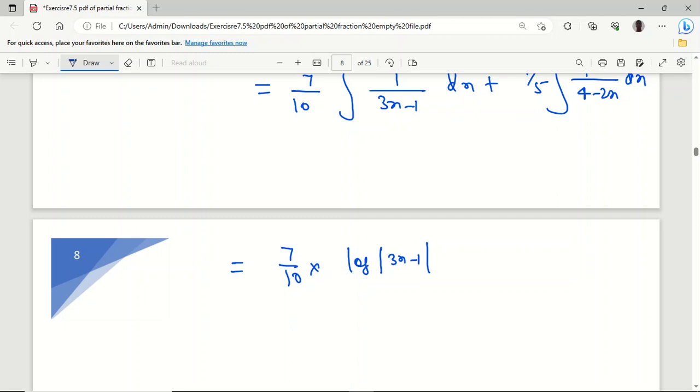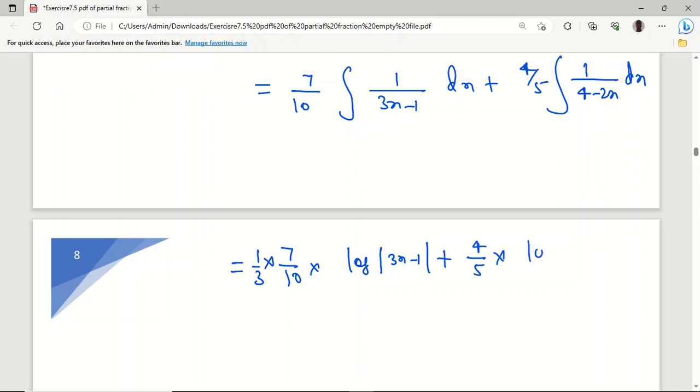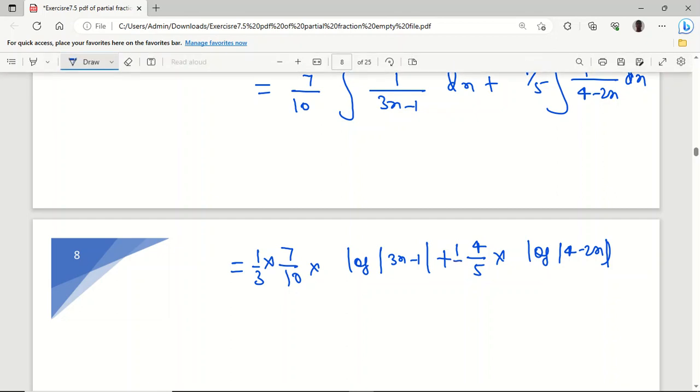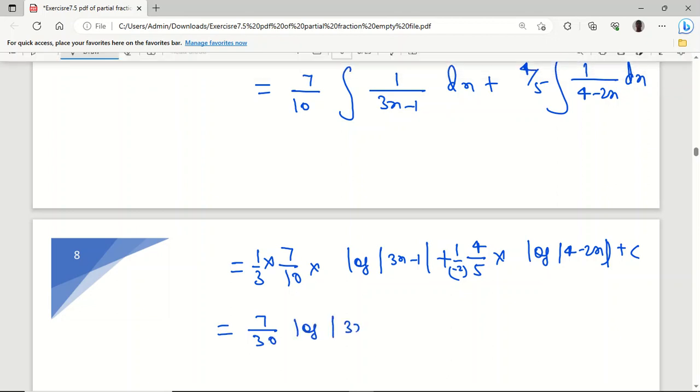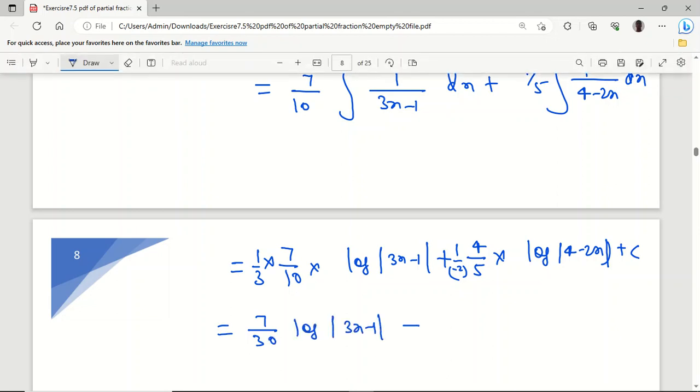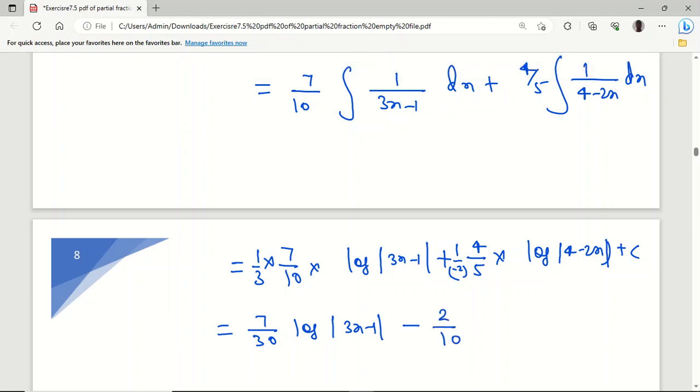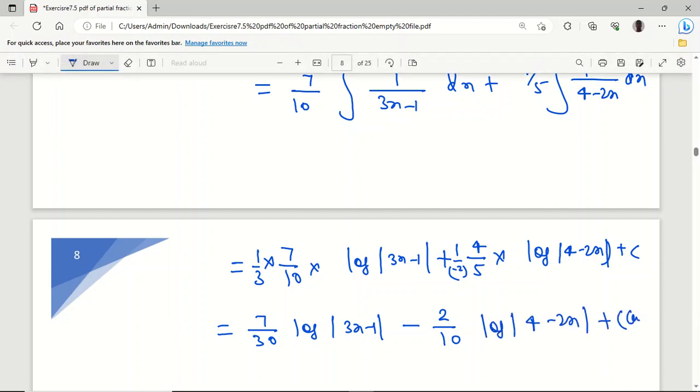So I'll get 3, but since it is integration, I'll place here 1 upon 3, plus 4 upon 5 into log 4 minus 2x, again we'll have to differentiate, minus 2, so I'll write here 1 upon minus 2 in bracket, plus c. So I can write them as 7 upon 30 log 3x minus 1 minus 2 upon 10 log 4 minus 2x plus c as our answer.